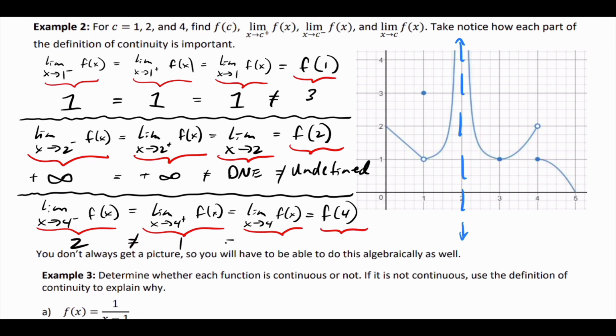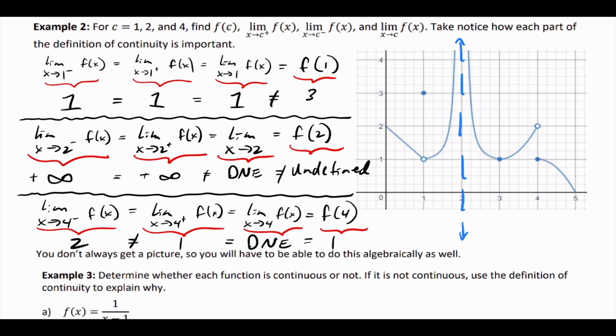Which means the overall limit does not exist, because those two don't equal each other. And then one of those is the answer. Which one is the answer at 4? Because those don't equal each other, that's why it doesn't exist.